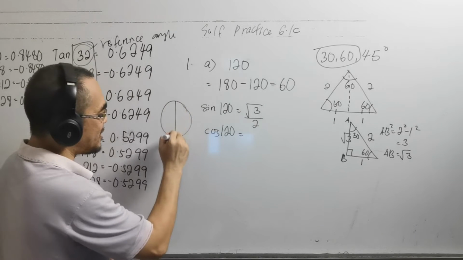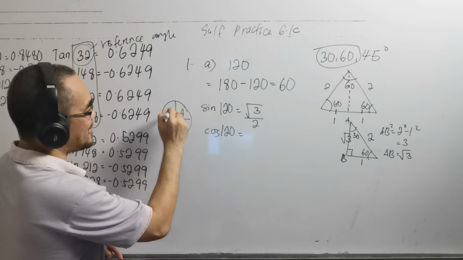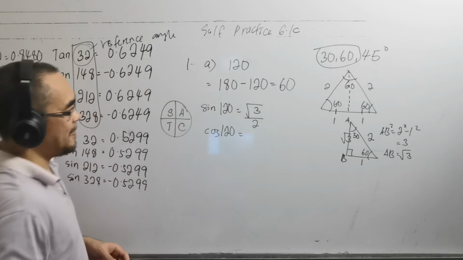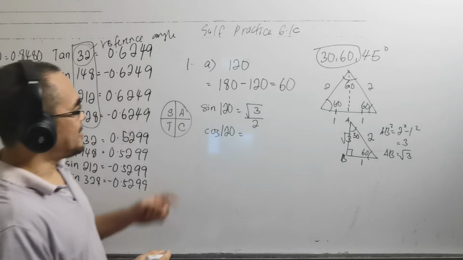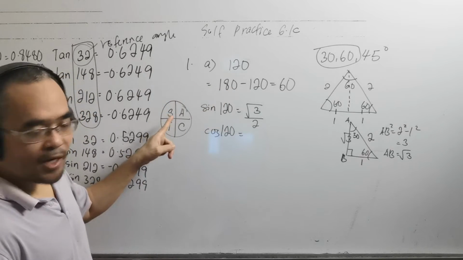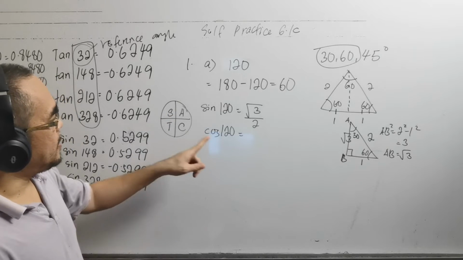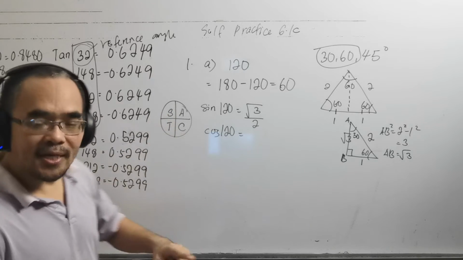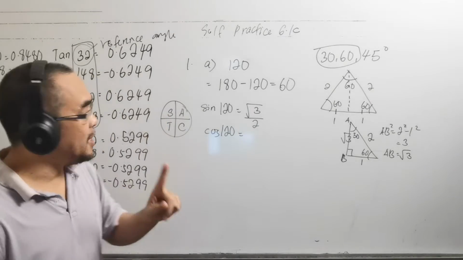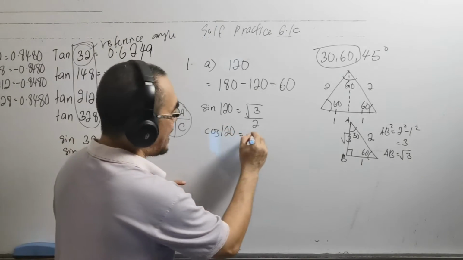Come back to our ASTC: 120 is in the second quadrant, and for cos 120 in the second quadrant, only sine is positive, so this one will be negative.